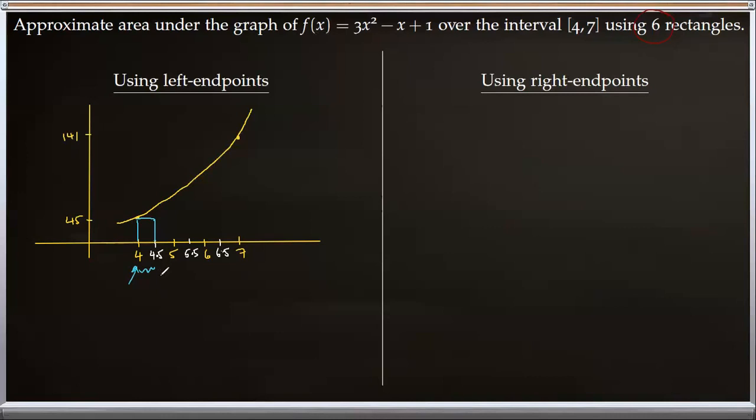The second rectangle will be at 4.5 to 5 and the left point at this sub-interval is 4.5. So we draw a rectangle with height at 4.5. So it will look like that one. The next interval is 5 to 5.5. So we can draw a rectangle with height at 5 because 5 is the left endpoint in this subinterval. Next we draw at 5.5.